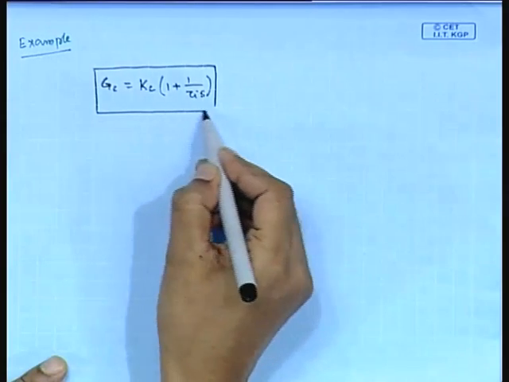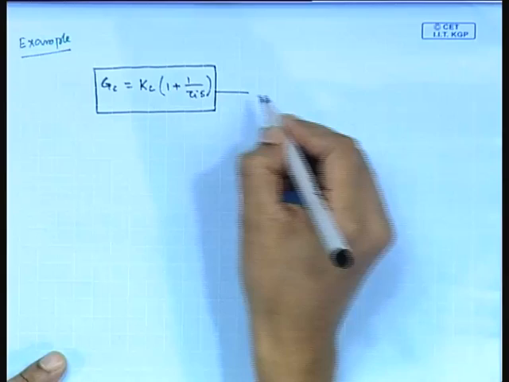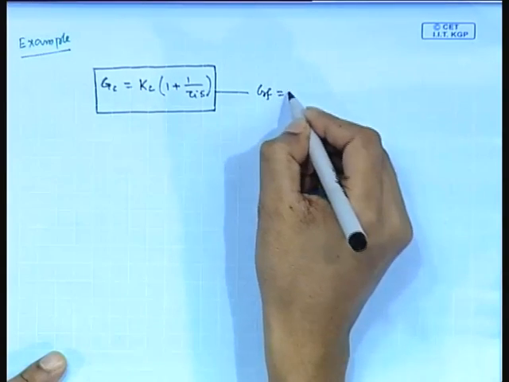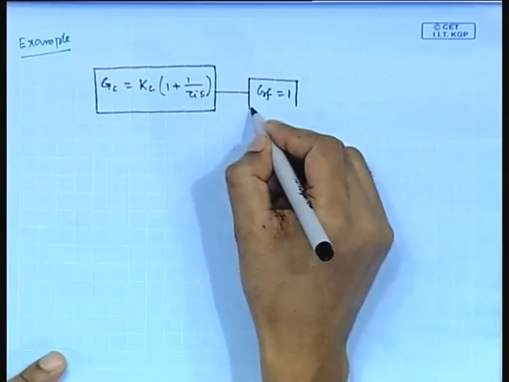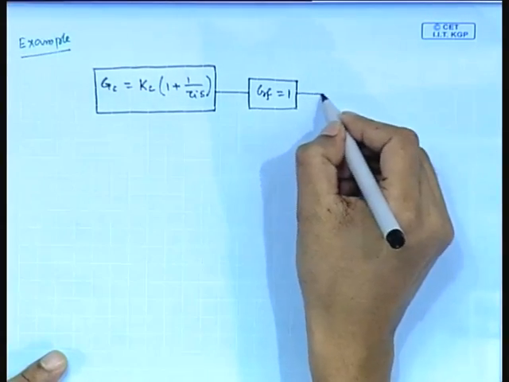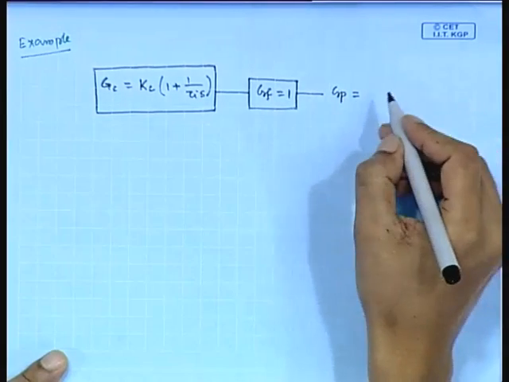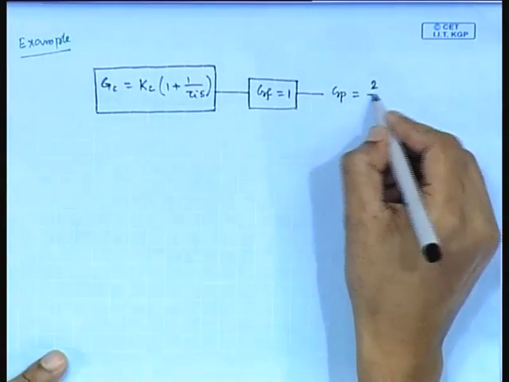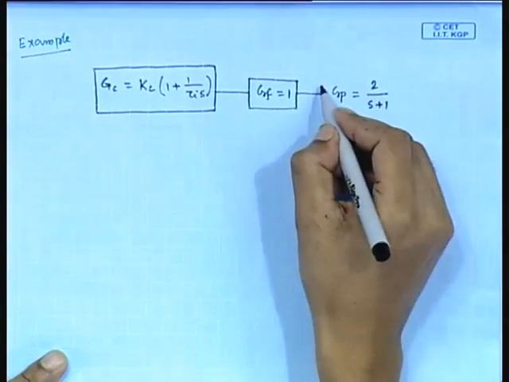This is the controller block. For simplicity, we are considering Gf equals 1. And the transfer function of the process has this form, Gp equals 2 divided by s plus 1.